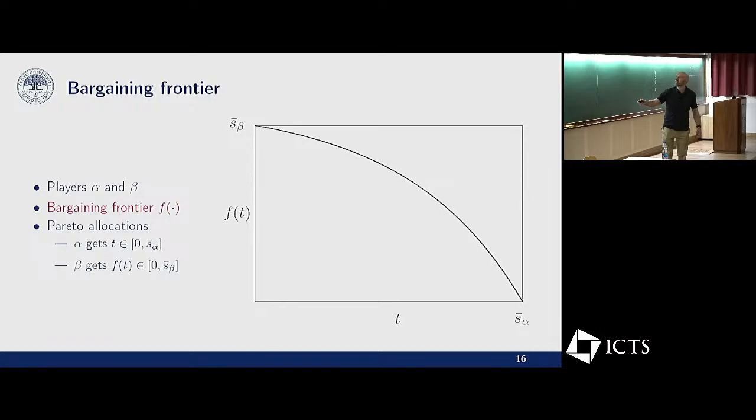So if t is what alpha's getting, and you're on the frontier, then f of t is what beta is getting. So this function is f of t. Because assuming the players stay on the frontier, you can say what beta gets as a function of what alpha gets. Is that clear for everyone? Move on? Okay, seems good enough.